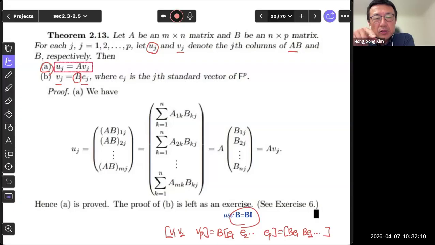So matrix multiplication may be understood as a simple matrix multiplication from Fn to Fm, but that can be regarded as a linear mapping from one vector space to another. And this matrix multiplication can be understood to represent the composite of two linear mappings.